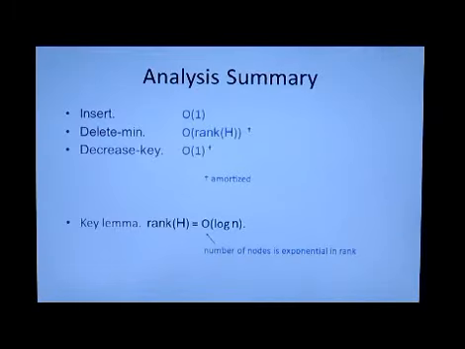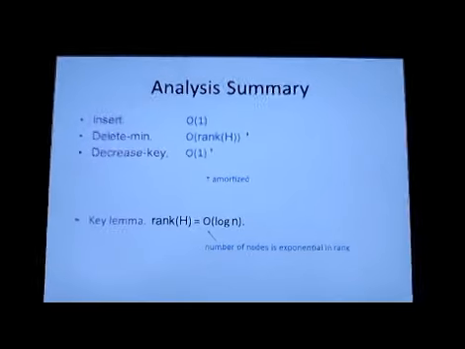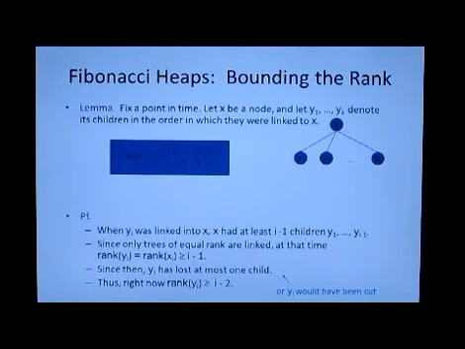We have some analysis. Analysis summary: insert operation is O(1), delete minimum is O(log n), decrease key is O(1), and we should know that the rank of H is O(log n), because the number of nodes is exponential in rank. Here we have bounding the rank.